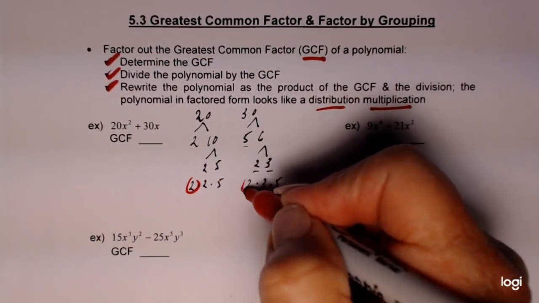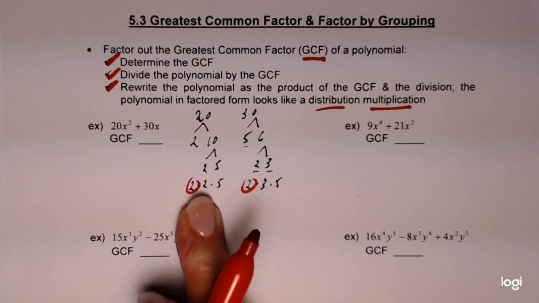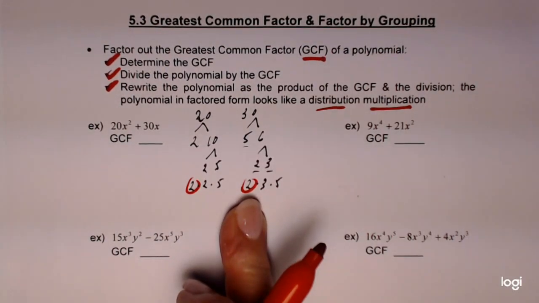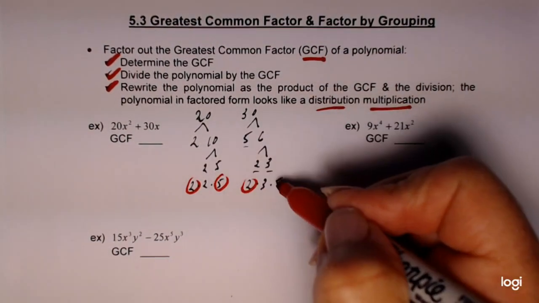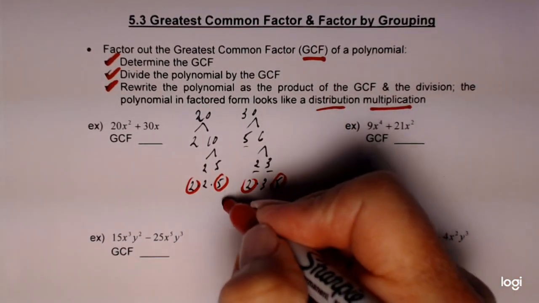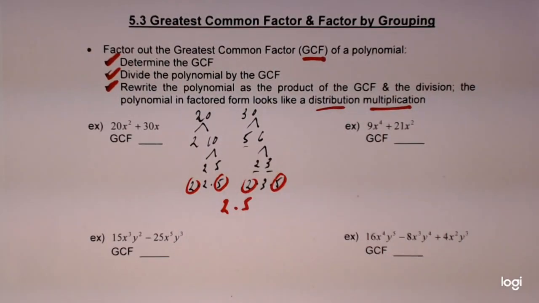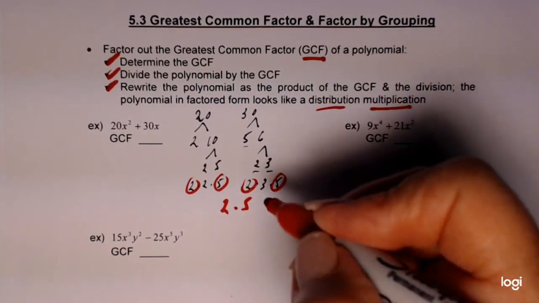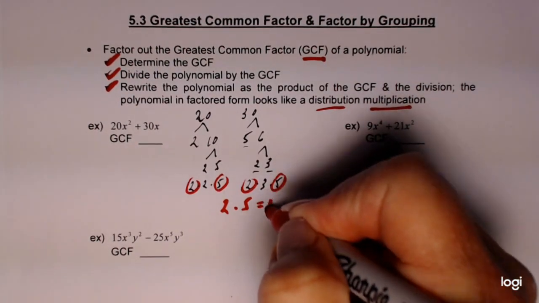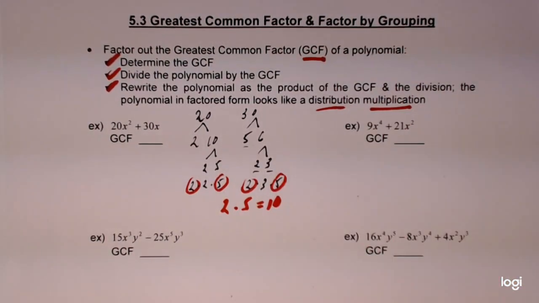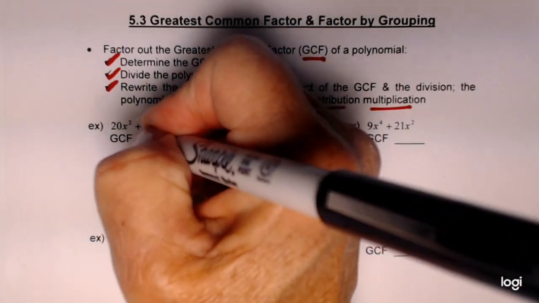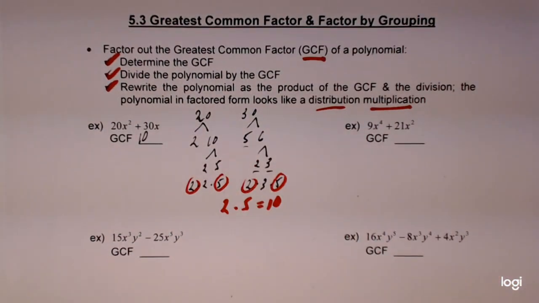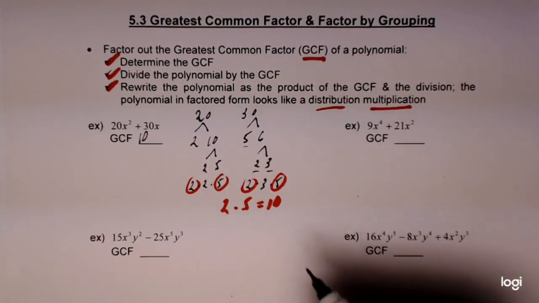Looking at the list of factors, what's in common? We have a 2 and a 2. We have another 2 here, but not here, so can't use it. We have a 5 here and a 5 here. So 2 times 5 are our factors in common. And remember, factors are things we multiply. So 2 times 5 is 10. So there is our greatest common factor, the 10 that some of you might have seen right away. Now let's look at the variables.